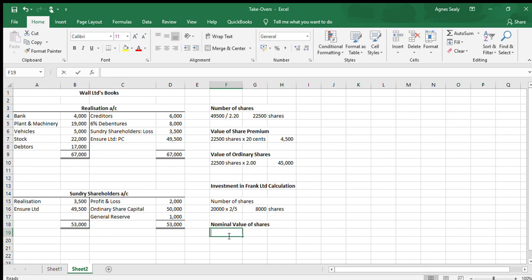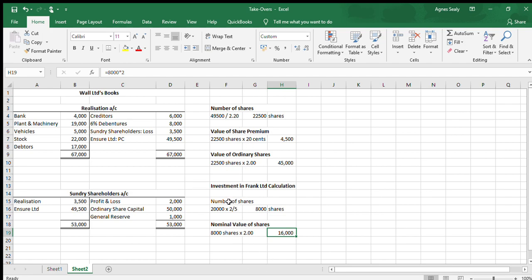And to calculate that, you would take the 8,000 shares and multiply by $2, because remember that the shares in Ensure Limited par value of shares is $2 per share. So then it's 8,000 multiplied by 2, which is $16,000. So that's the nominal value of the shares, the value of the ordinary shares that they have in Frank Limited.